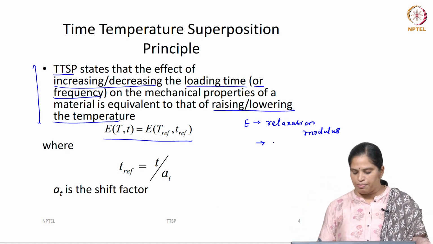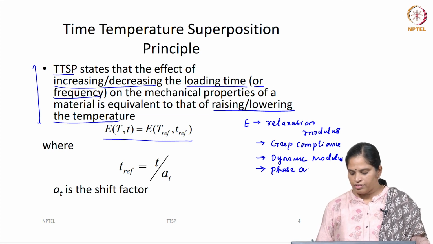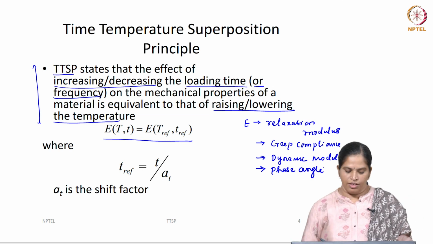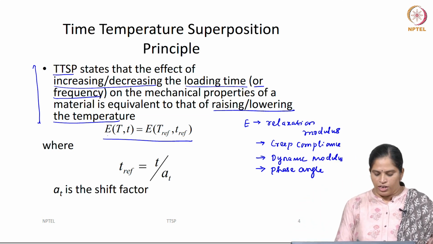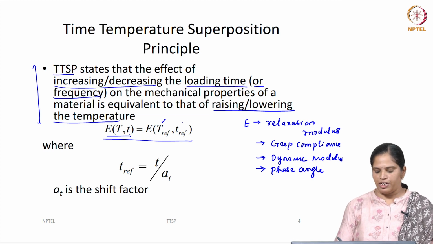It can be a creep response or a creep compliance, or it can be even a dynamic modulus, or it can be even a phase lag or a phase angle. So, a modulus function or a phase angle function at temperature T and time is equal to the modulus function at some other temperature and time.